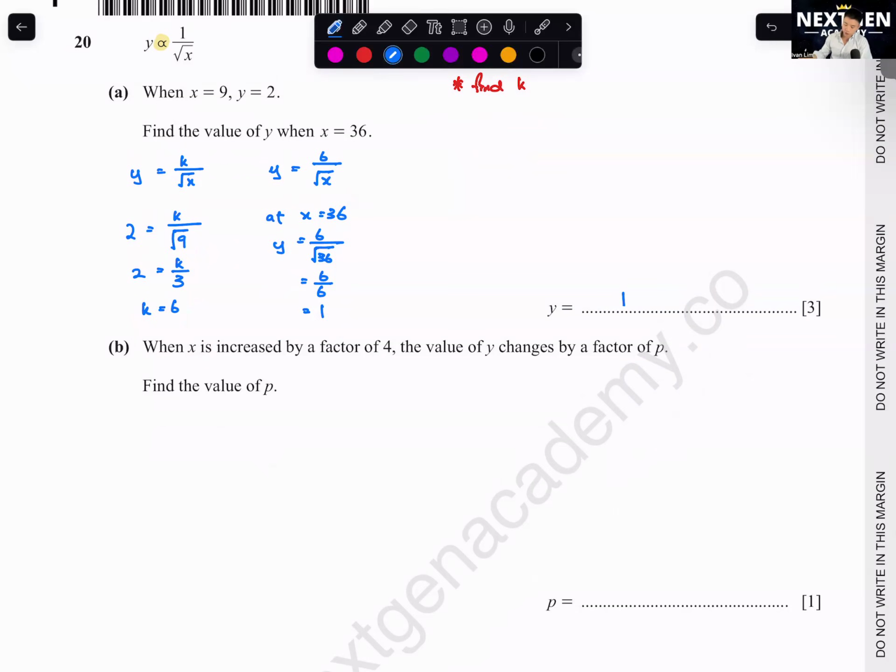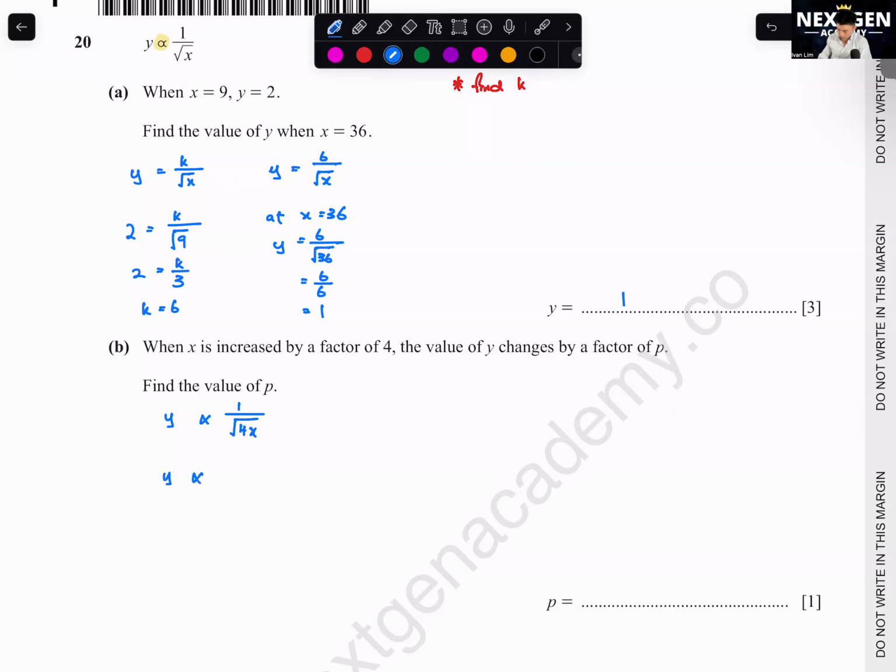Okay, how to do this, right? You replace the x with 4x first because it's increased by a factor of 4. So y is now directly proportional to 1 over square root 4x. What you need to do is make it to the part of the original expression, which is 1 over square root x.